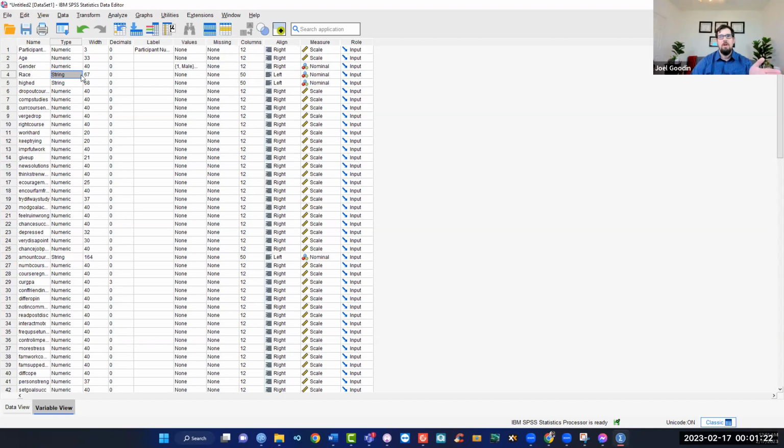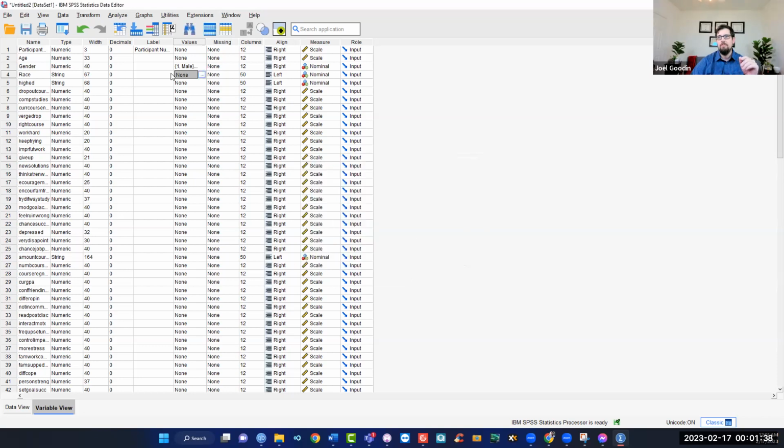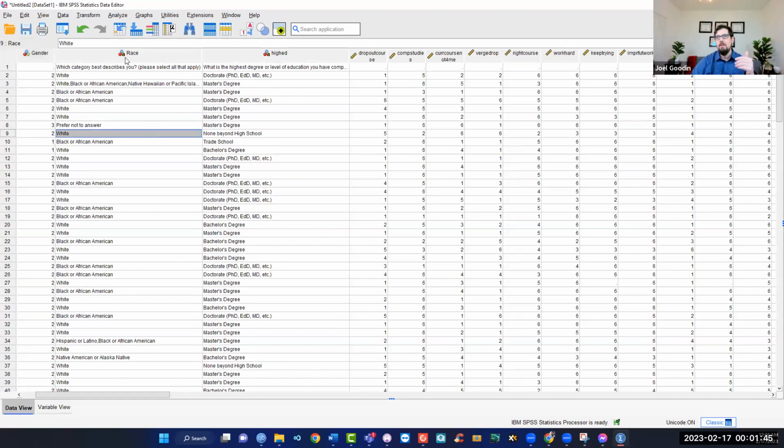Yeah, so I like your way better. Once you change them to 1, 2, 3, 4, 5, however many races are included in your sample, you want to start putting in the values. Then you can have the same experience with race, where it'll look like what gender does here. You can see, okay, what is 3 again? Oh, prefer not to say. Yeah.